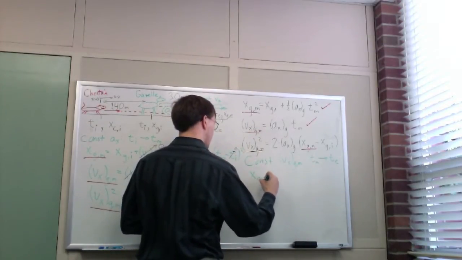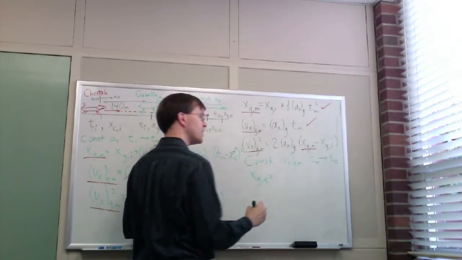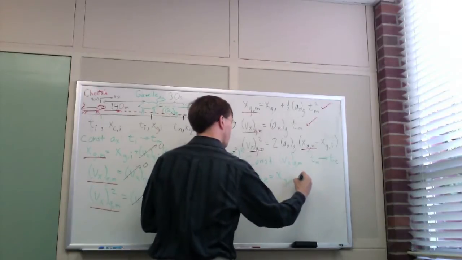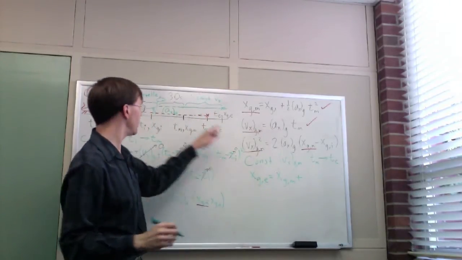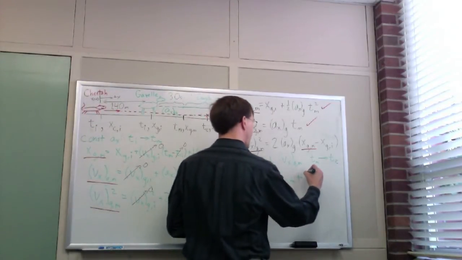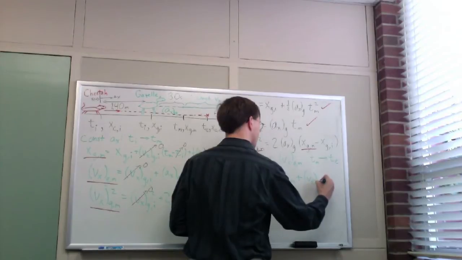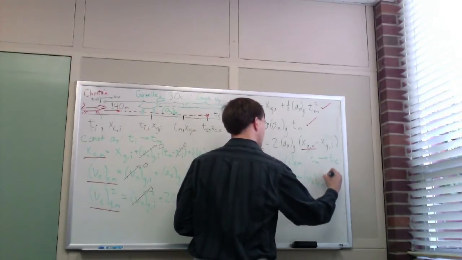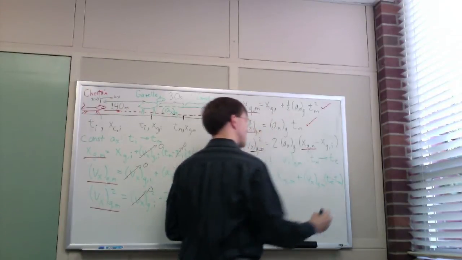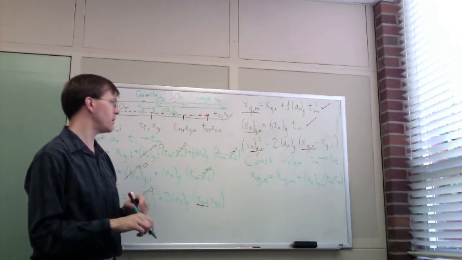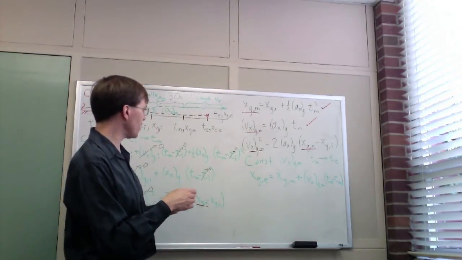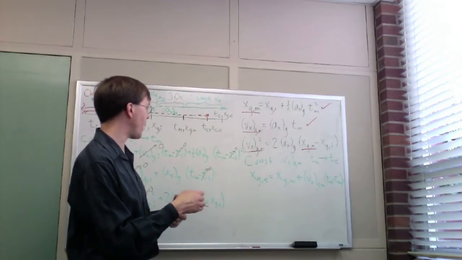So x gazelle at the escape time is equal to the initial position, x gazelle when it reached its maximum speed, that's the initial of this portion of the motion right here, plus the velocity, the gazelle's maximum speed, vx gazelle maximum, times t escape minus t at maximum speed, te minus tm. So that's what I've got. I've got my one constant velocity equation here.